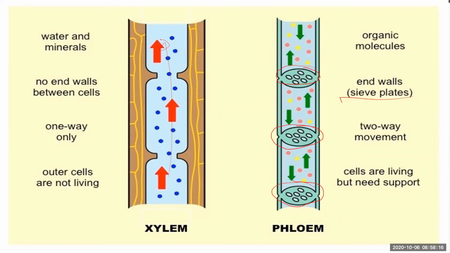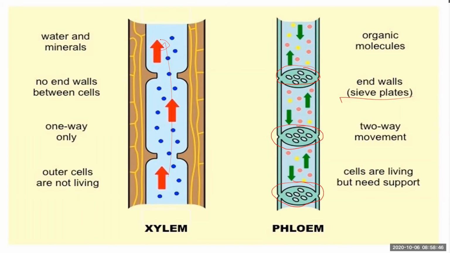But for phloem, since it is already processed food that they transport, they have sieve plates to regulate the movement. Without sieve plates, possibly a lot would go to the roots, or a lot would go to the stem, and the distribution of food would be unequal. So sieve plates are present for that.